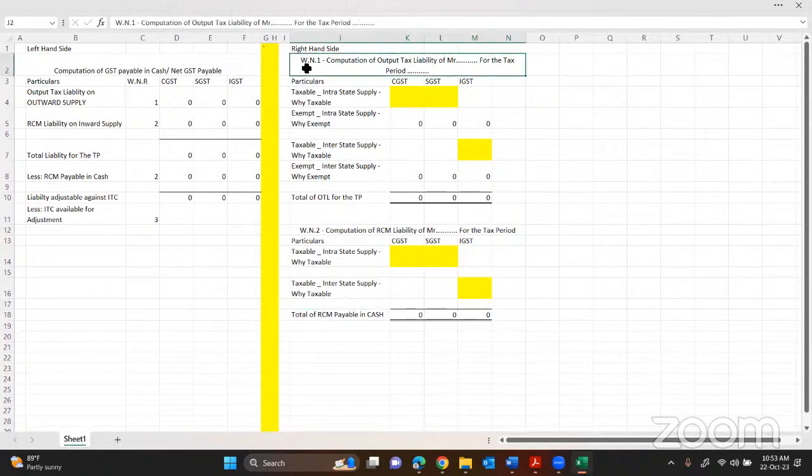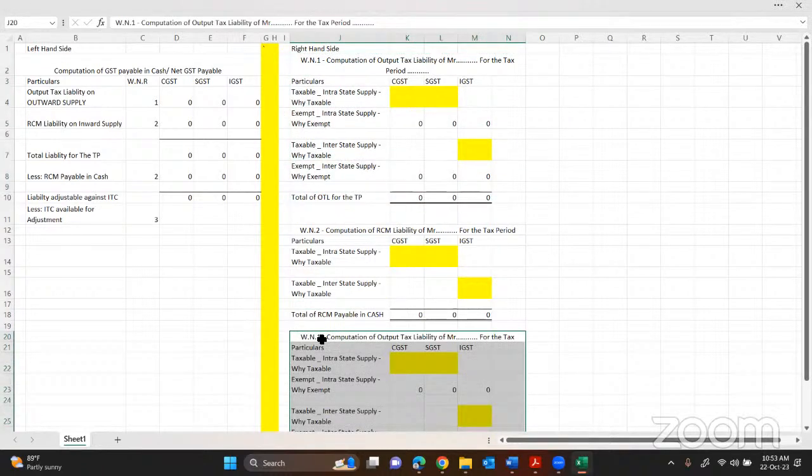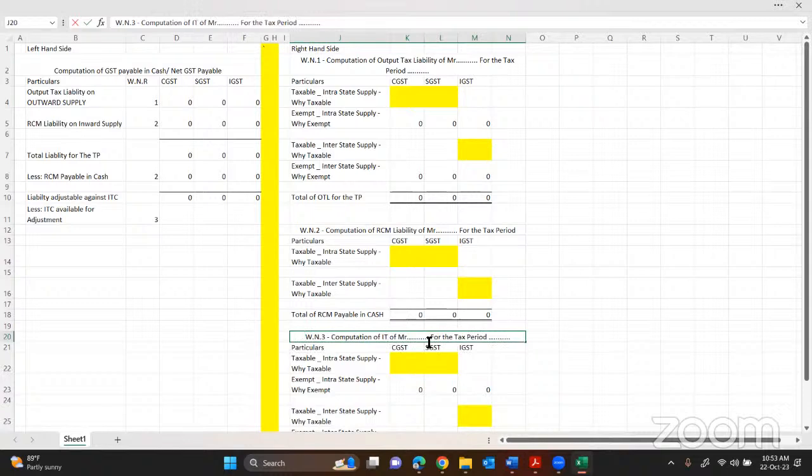And I'll be having the same kind of working note. This time, computation of working note number 3. Computation of ITC available for adjustment of Mr. X for the tax period. My dear brothers and sisters, I want all your concentration here.